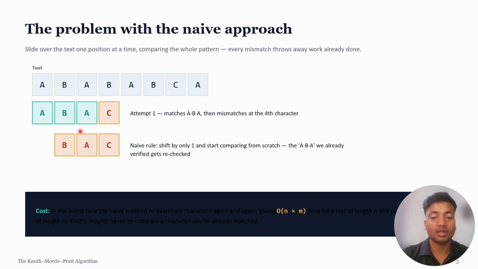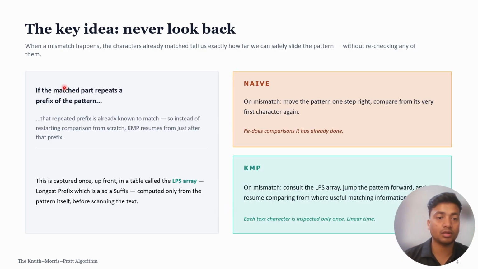This means the same characters are compared repeatedly. Because of this repeated comparison, the worst case time complexity becomes O of n times m, where n is the text length and m is the pattern length. So let us continue with my next slide, the key idea, never look back.